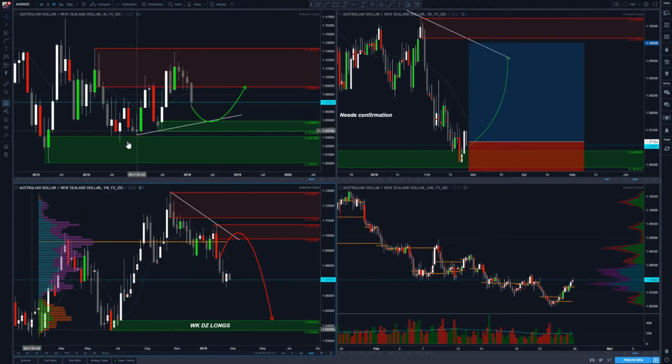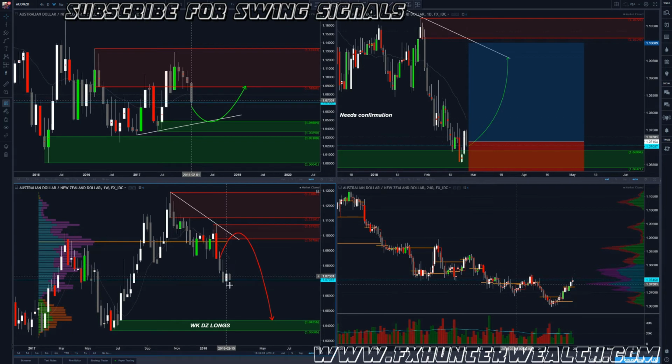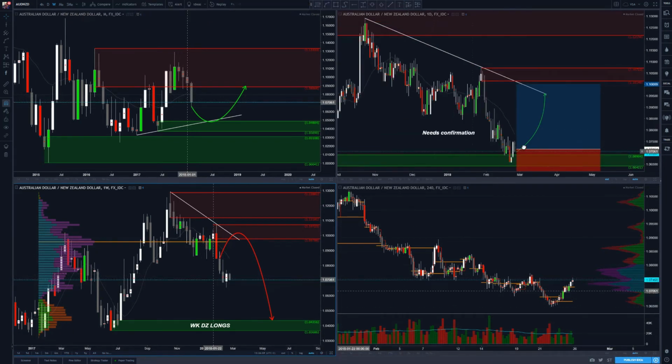Aussie Kiwi, we have a monthly uptrend, but this strong supply zone is now in control and creating this down move. On the weekly, we have created a nice downtrend, but on the daily, we are sitting in the demand zone.